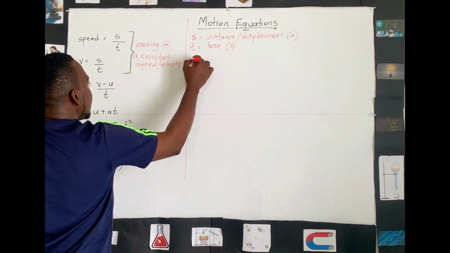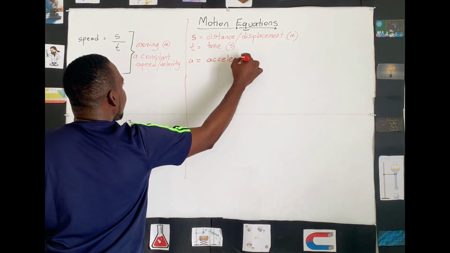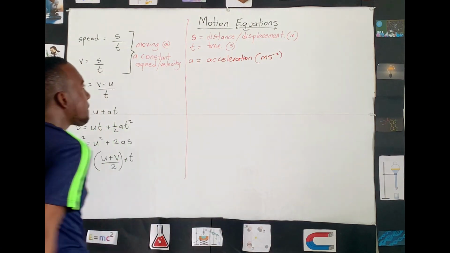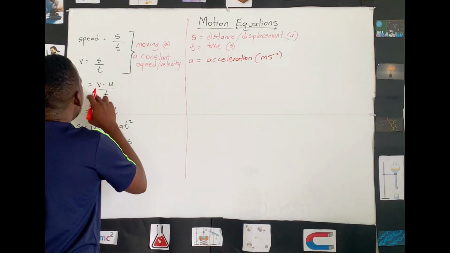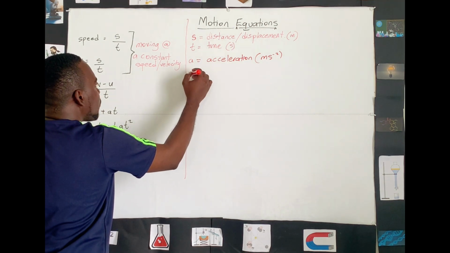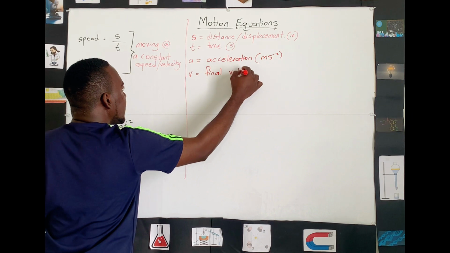What's unique here is that we have a, and a represents acceleration. Acceleration is measured in meters per second squared. Then we have v. Notice this v is the same v here. We say this v represents final velocity.